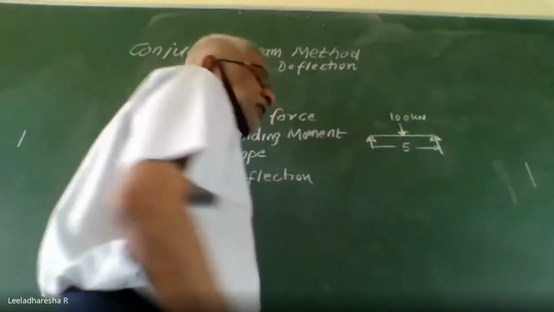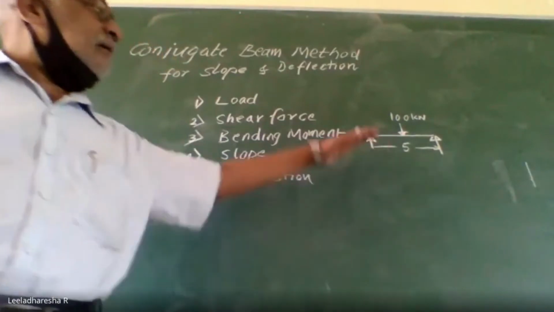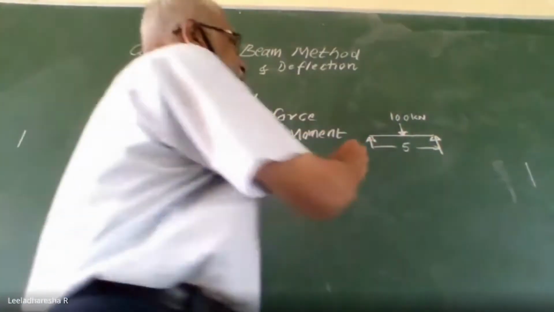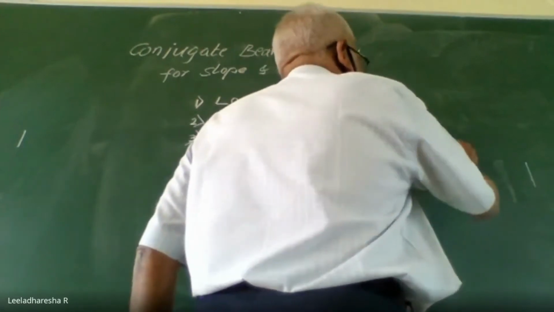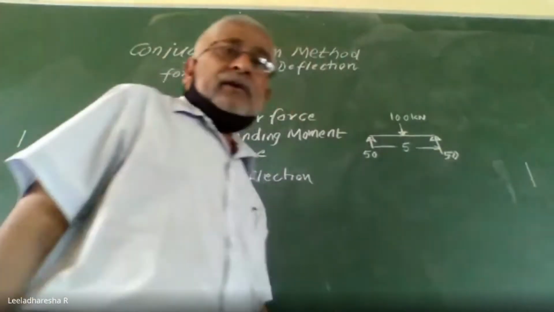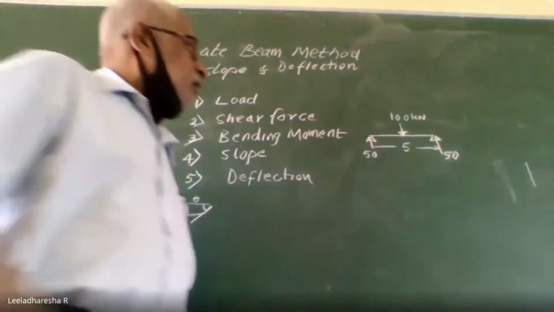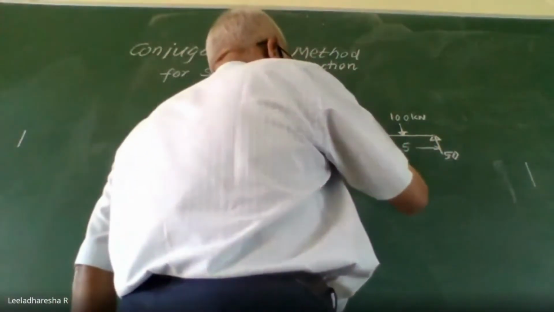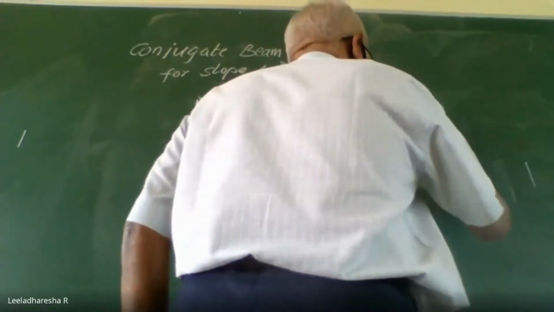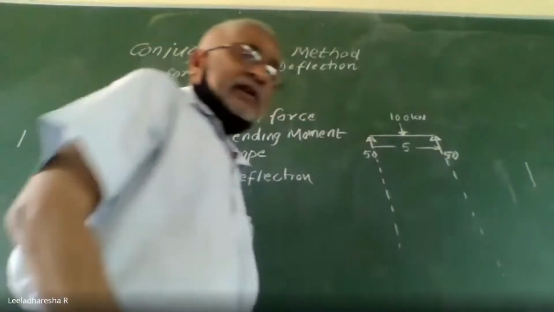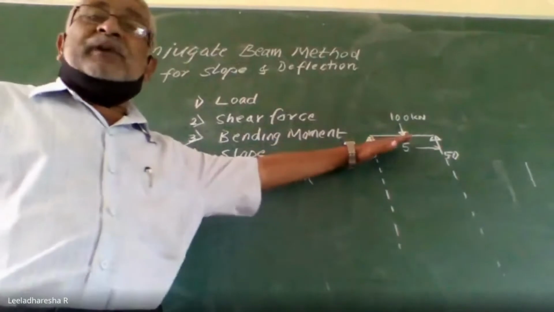Since the load is exactly at the center, the reactions are going to be equal. They are 50 and 50. Now, to draw the bending moment diagram for this particular beam, it is a simple beam or normal beam. We can call this the normal beam.